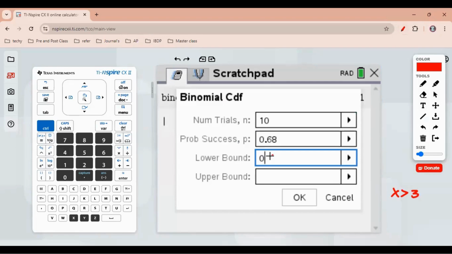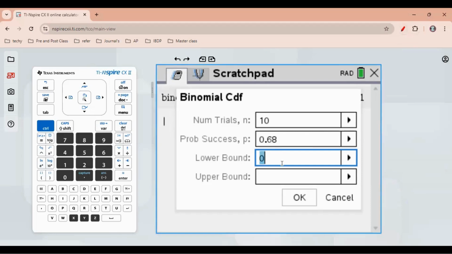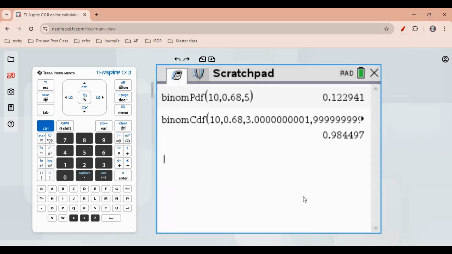So I should give 3.00001. And you can put the upper bound as a very big value, like 999 and so on. That's it.